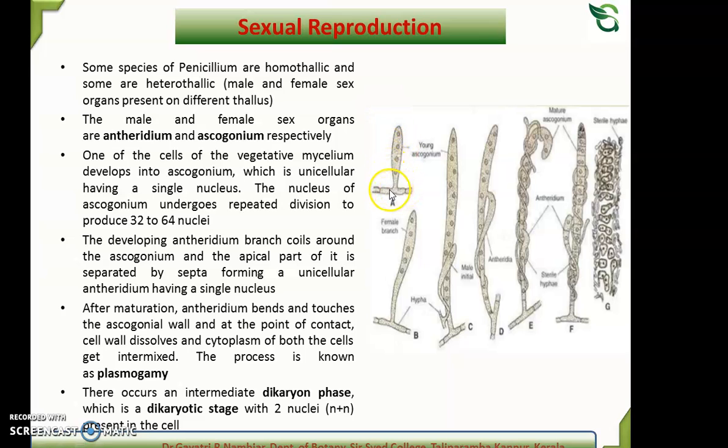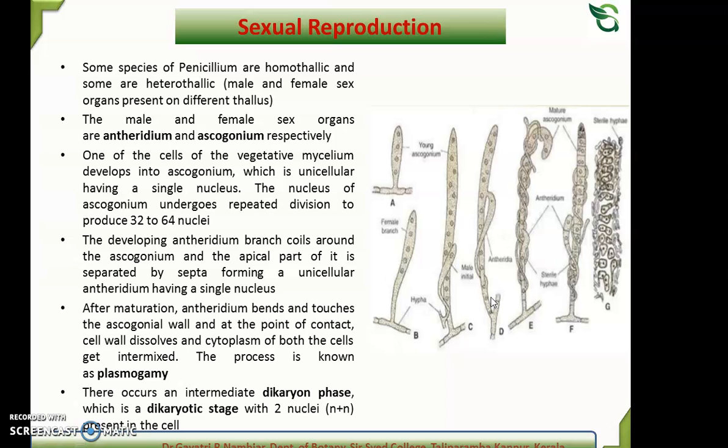And this nucleus undergoes repeated division, resulting in the formation of a multinucleate condition. So, in the initial stage, one of the cells of the vegetative mycelium acts as the ascogonium. It is unicellular, uninucleate, and the nucleus undergoes repeated mitotic division, resulting in a multinucleate condition. Okay.